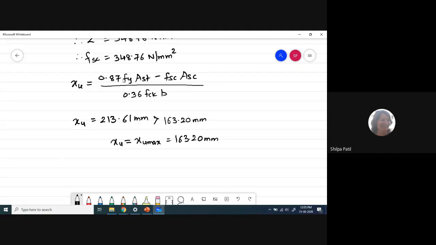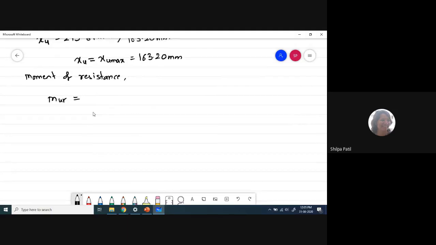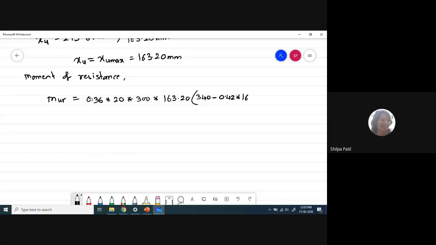So finally, the moment of resistance can be calculated. Moment of resistance MUR is equal to, the formula is 0.36 FCK B into XU, XU is 163.20, into bracket D minus 0.42 XU, plus FSC.